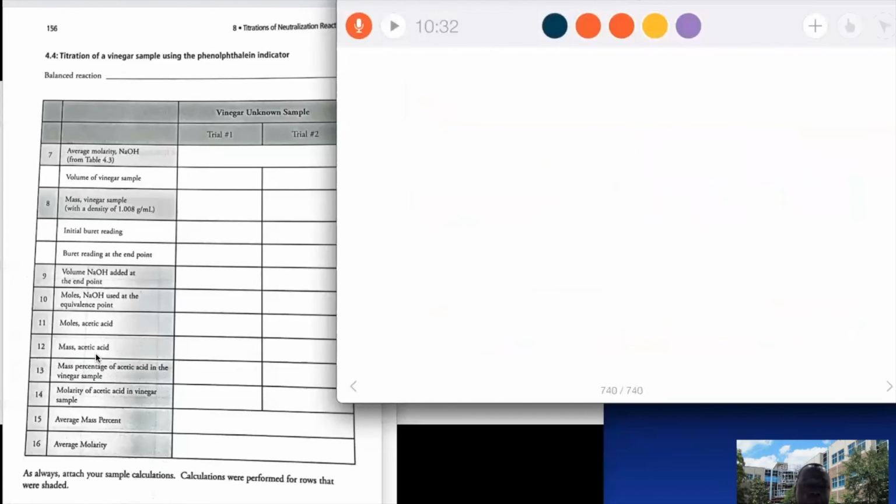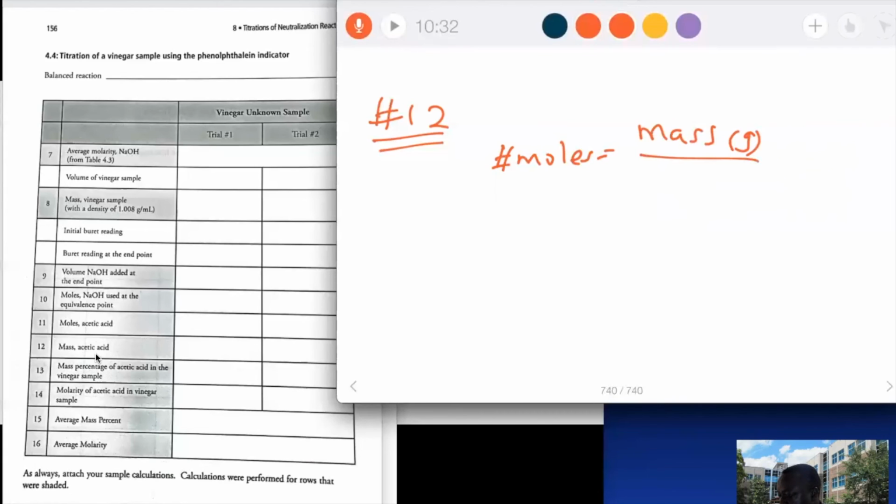Recall how to find the mass given the number of moles. Number 12 here is finding the mass from the number of moles. You can find the number of moles using the mass in grams over the molar mass of acetic acid.